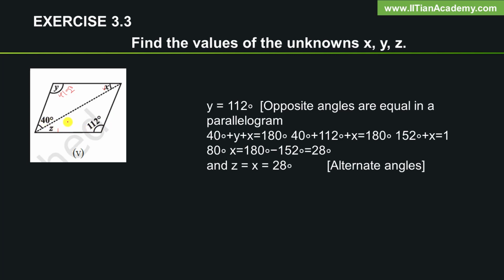Hence, 40 plus y plus x equals 180, or 40 plus 112 plus x equals 180. Hence, x equals 28. Also, z equals x equals 28, as they are alternate angles of the diagonal.